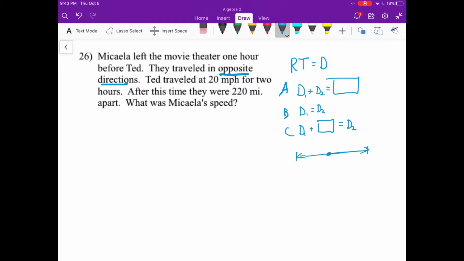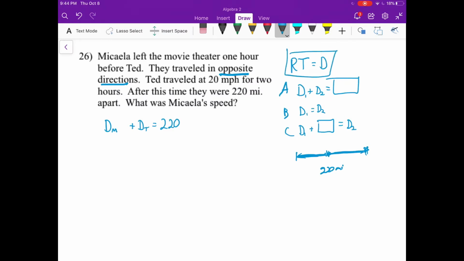Well, after 2 hours of Ted driving, they were 220 miles apart. Well, this seems like it will be one person's distance plus the other person's distance equals the whole thing, and that's what it is going to be. So we know that Michaela's distance plus Ted's distance, so we're going to do D sub T, is equal to, if we add those together, the 220 miles apart.